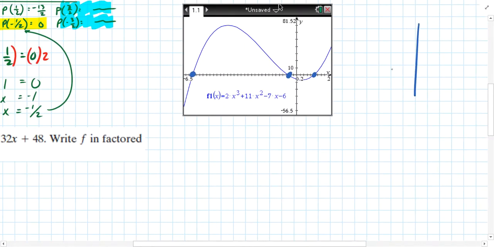Even if we had started with our own xy axis and placed a point at -6, a point at -1/2, and a point at 1, we should be able to recognize the behavior of this graph. Again, the right side tail points up and the left side tail points down, and they emanate from these right and leftmost zeros. We see that here as well.